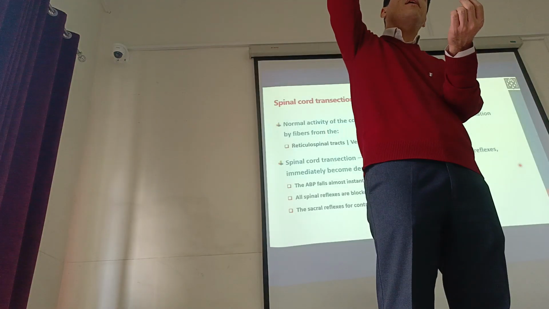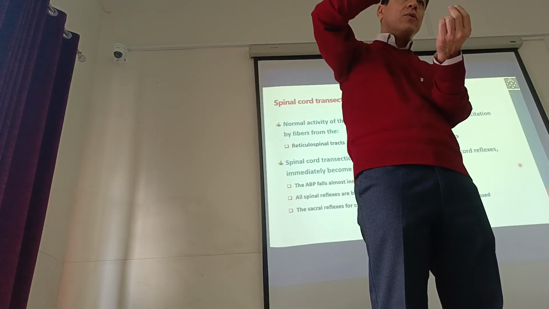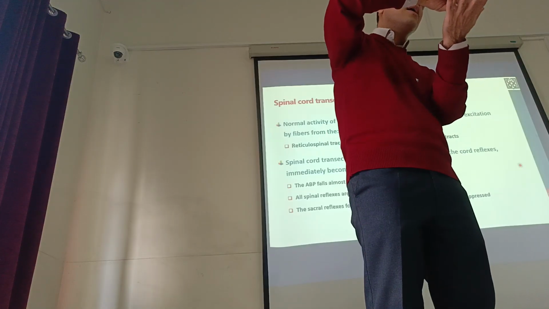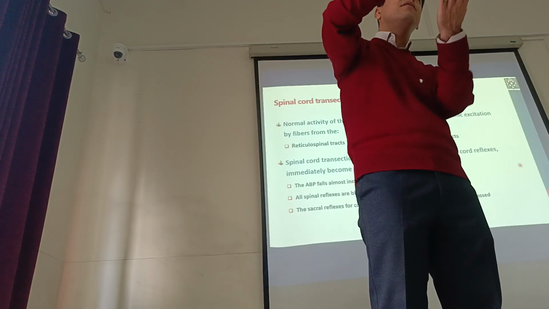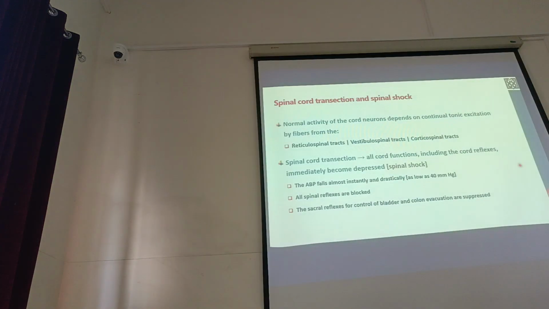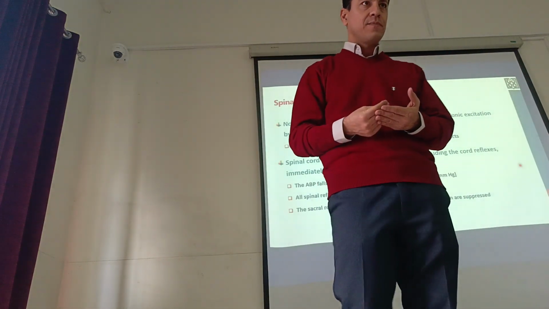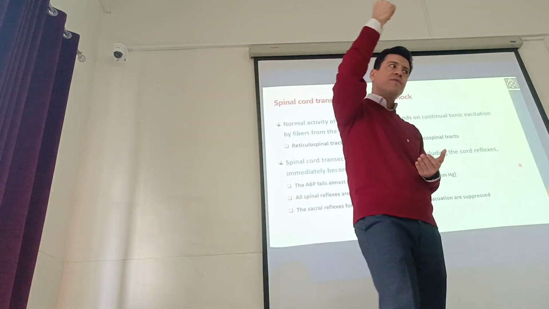So from the brain, fibers start, go down through the spinal cord, reach these neurons, and regulate their sensitivity. So although these reflexes are automatic and are made without decision, without thinking, they are usually regulated by descending pathways, pathways that originate from the brain.